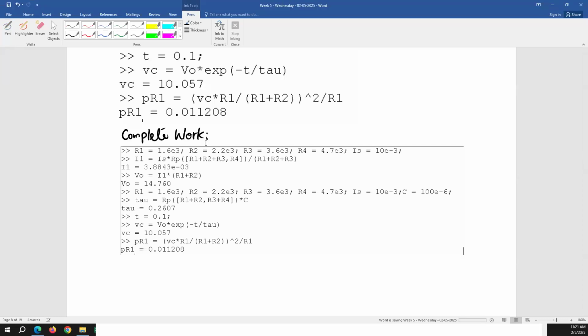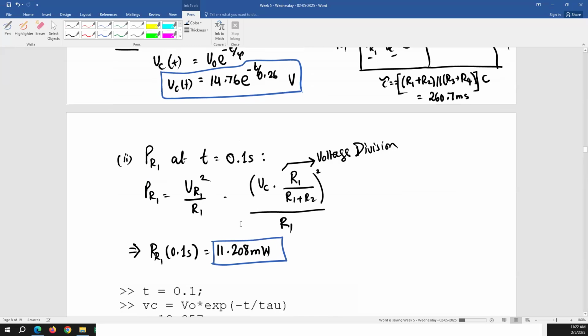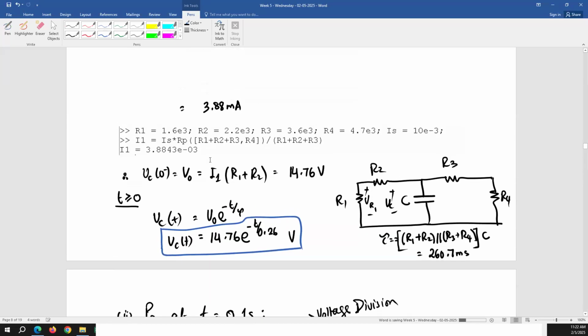So again, one thing I want to clarify, observe that I'm using Octave and MATLAB to do the calculation, but when I'm solving the problem, I'm still showing all of my steps and everything. And that's what I expect you to do, that you show the steps, you show the understanding why you are calculating what. So I'm showing all the steps.